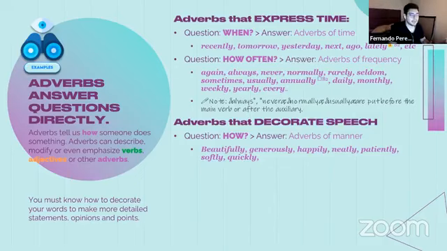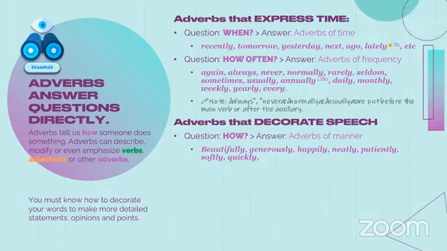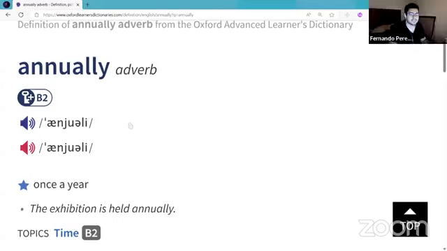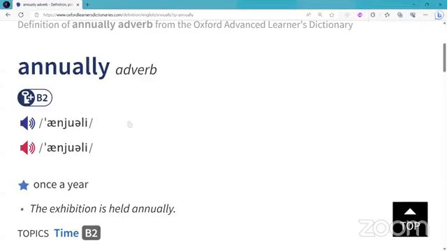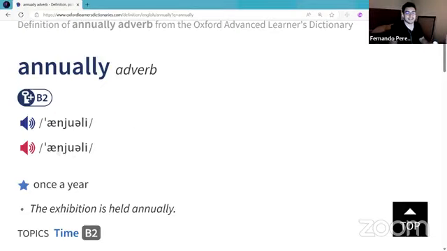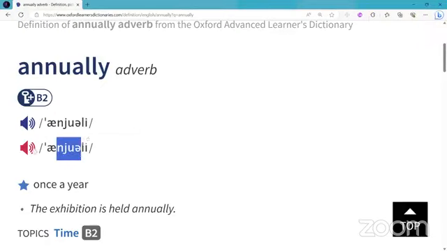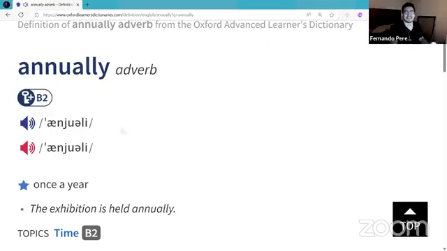Give me an example using annually. Pronunciation. Relax. Annually. Annually.